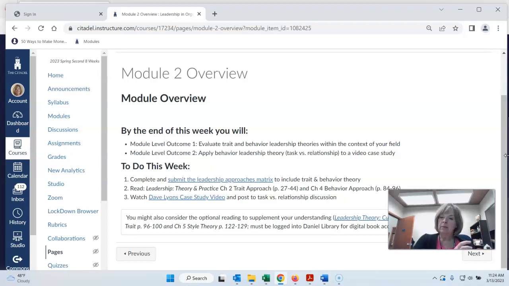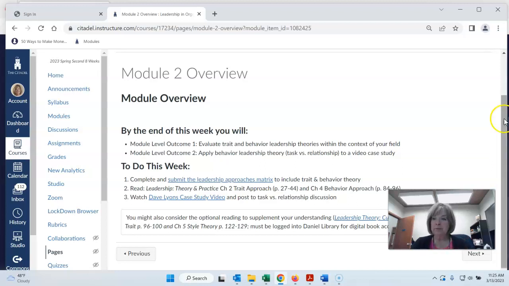Initially we thought that great leaders were born and you just had to look through the population and find them. Then we evolved to the point where we said, okay, we can train people to be effective leaders, but what should we train them on? What's important? What makes a great leader? And this week we'll look at theories that try to understand which specific traits or behaviors lead to effective leadership.